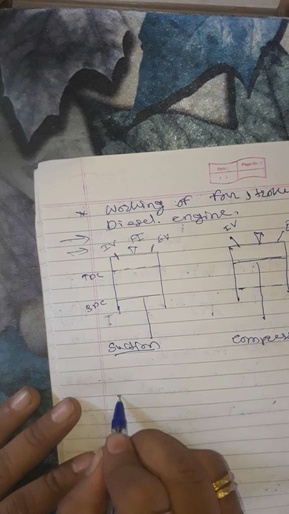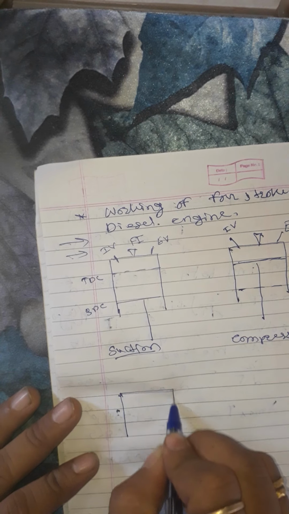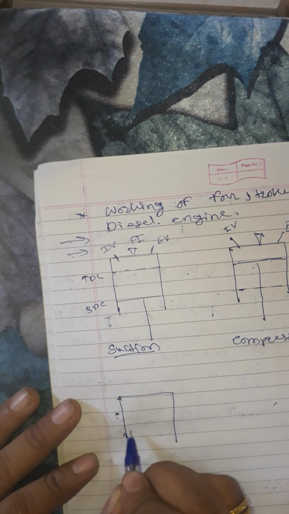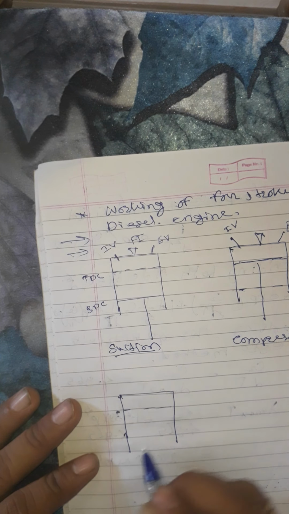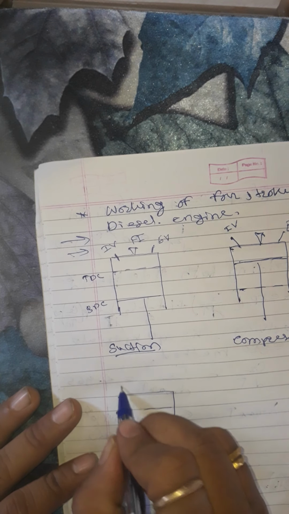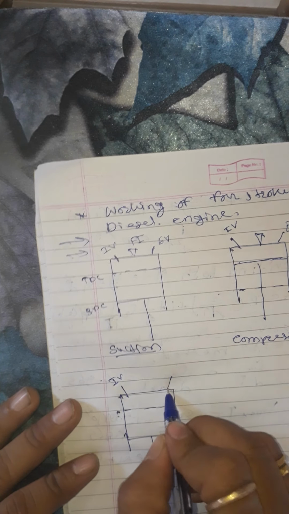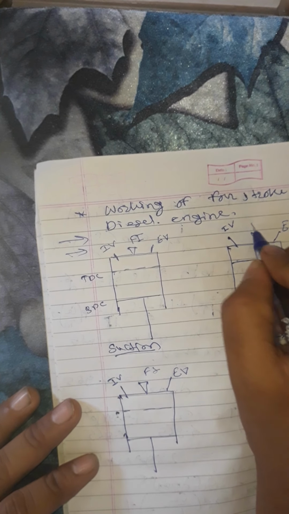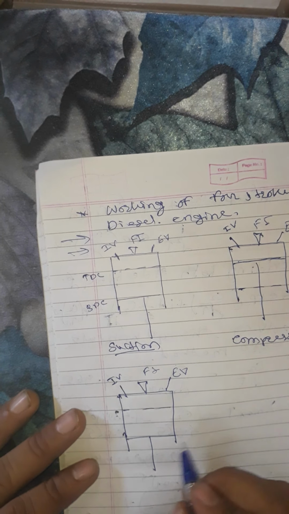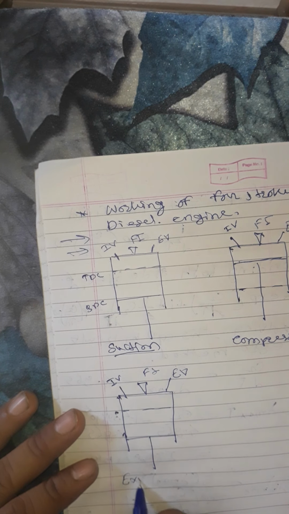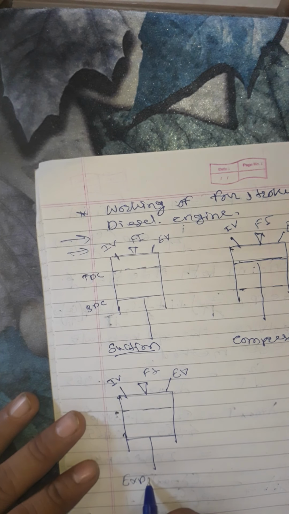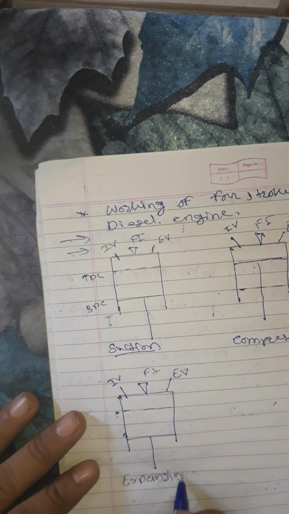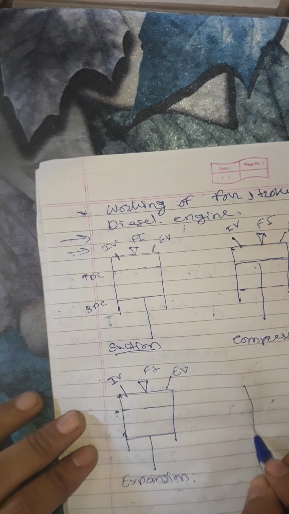Next we have to draw the diagram for the third stroke. This is the initial position, this is the final position, the inlet valve, the exhaust valve, and this is the fuel injector, FI. This is your expansion or power stroke, also called the power stroke, and the last one is the exhaust stroke.